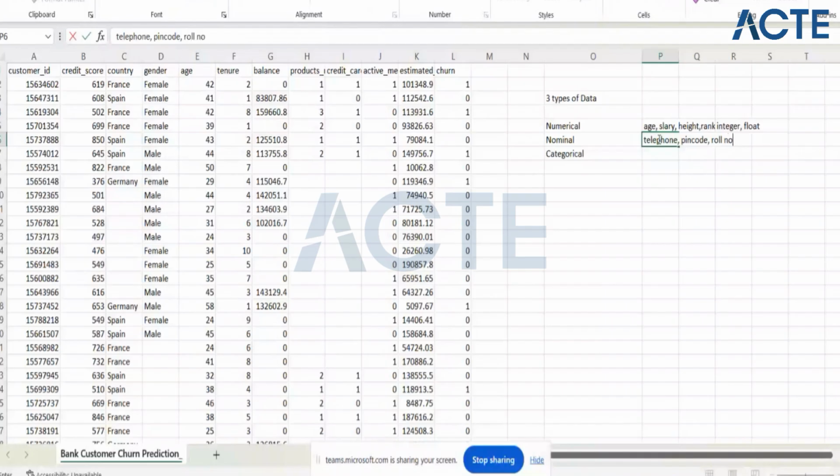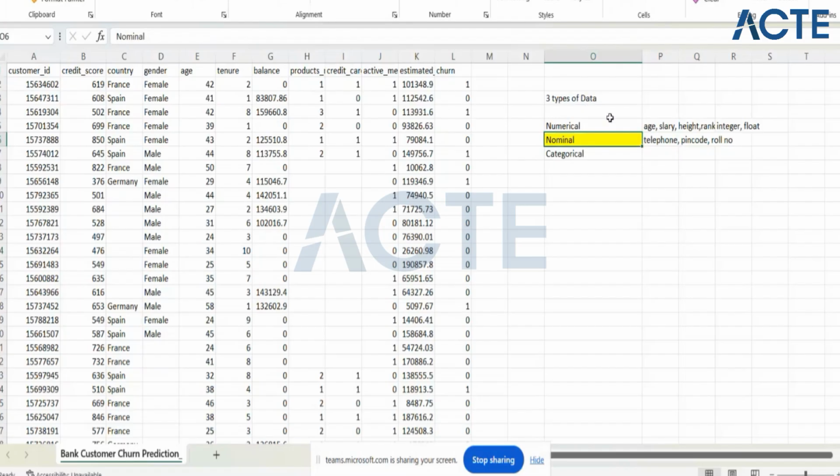These are only for representation purposes. We are only able to find the frequencies of these numbers, but making any kind of mathematical calculation doesn't make any sense, right? So that is known as a nominal number.